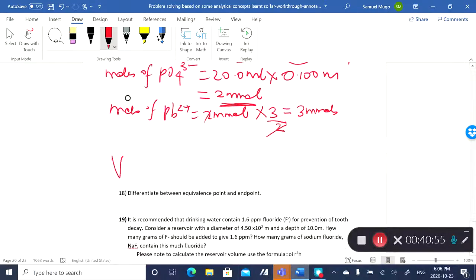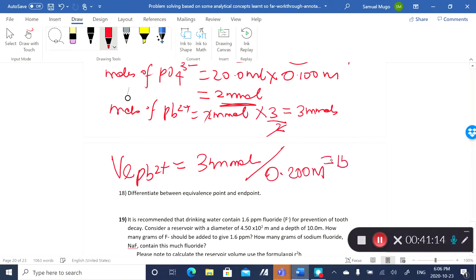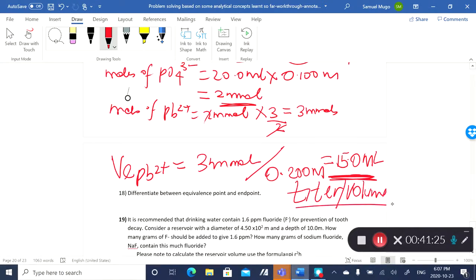Meaning the VE used for lead is the 3 millimoles divided by the concentration of my titrant. That gives you 15.0 mL, and that's the equivalence volume. Sometimes they call it the titer volume.